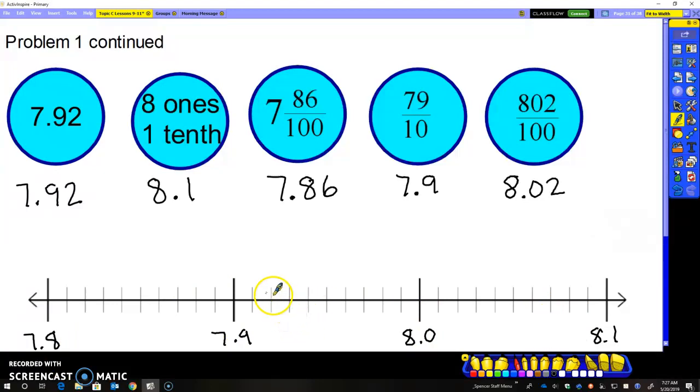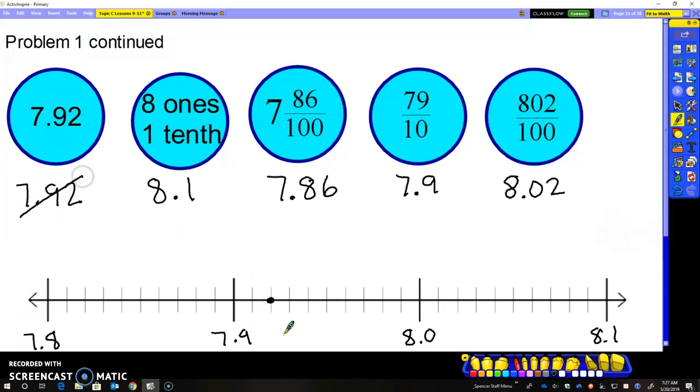Now I can go ahead and plot all these, and I need to make sure that I have 5 plots on this number line. So I'm going to start right at the beginning. I have 7.92. So 7.9 is here, and I want 2 more hundredths. So there's that one.